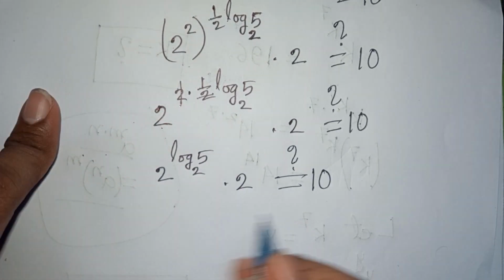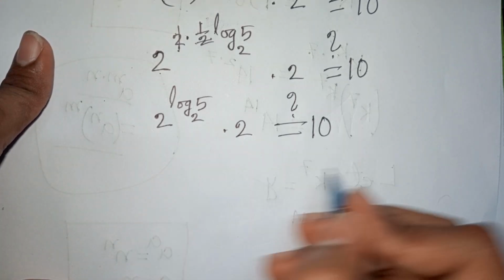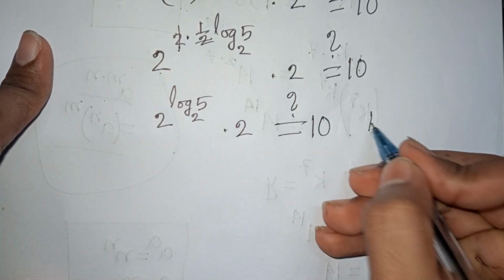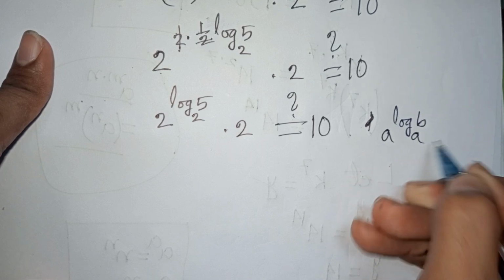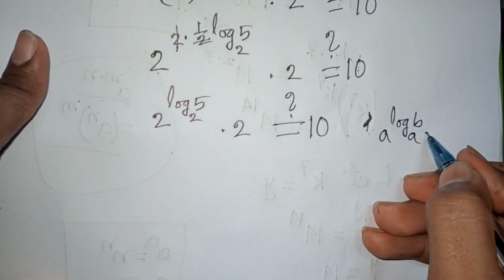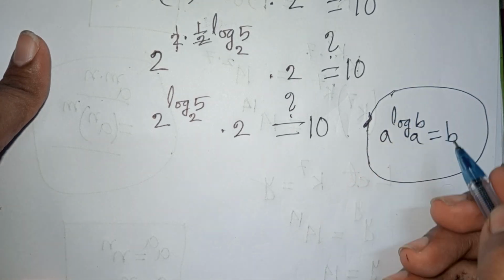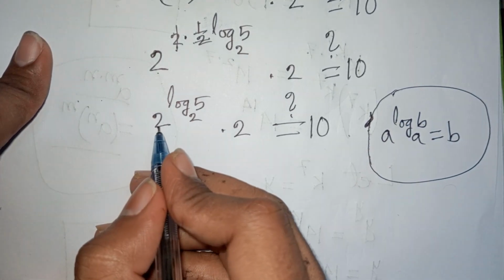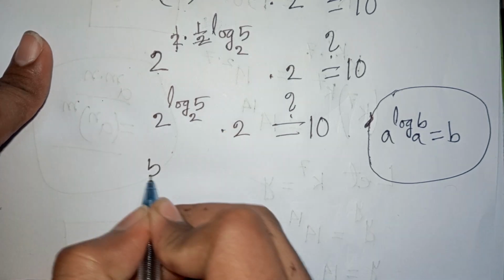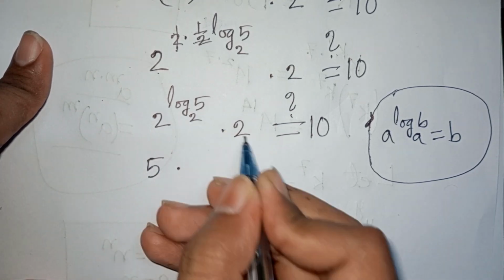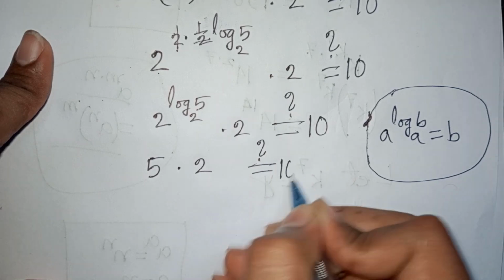Now here you can apply this formula: a to the power log b base a is equal to b. So 2 to the power log 5 base 2, that means it will be 5 multiplied by 2 is equal to 10.